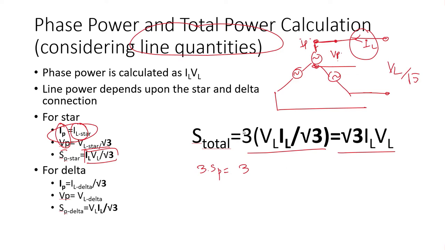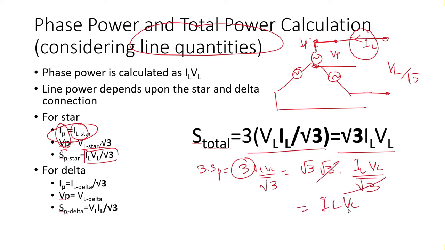Why? Because this 3 can be written as under root 3 into under root 3, and after that ILVL divided by under root 3, which is ILVL into under root 3.